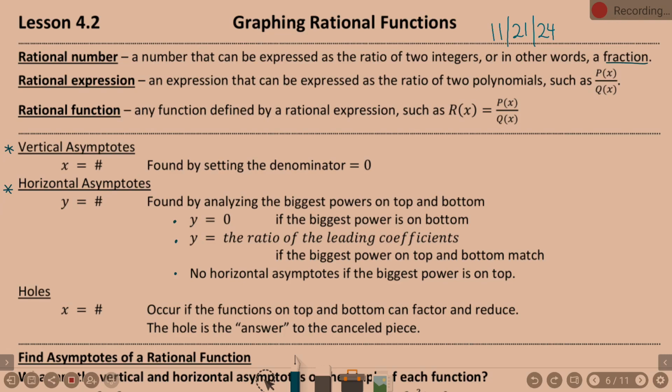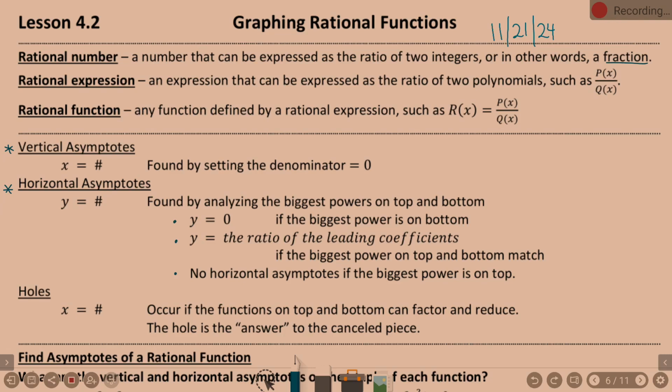And again, I'll show you examples. And then the third option is, if the biggest power is on top, there's no horizontal asymptotes. Okay, so we're going to work our way through those options. But those are the 3 options. It's all about, is x squared the biggest power on top, x cubed the biggest power on bottom, where is the bigger power? Okay, my examples in this next section will explain it.